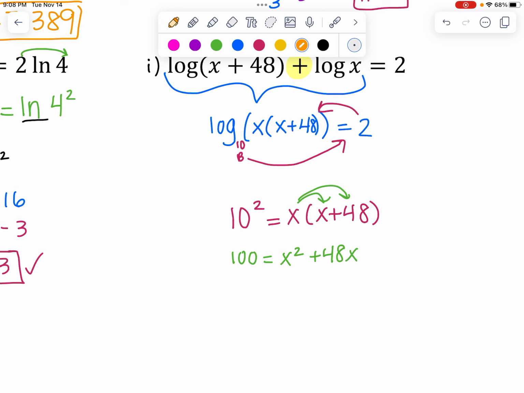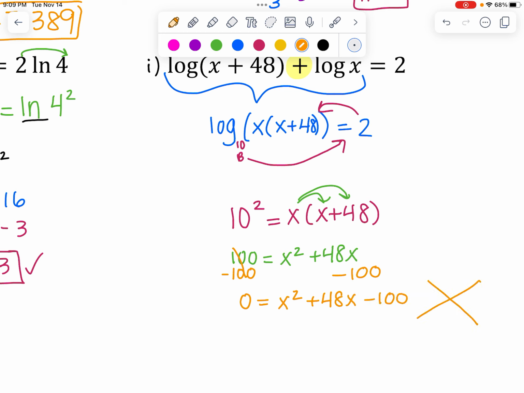All right, we've got another example here where we have an x squared. I'm going to start by trying to factor it. To factor, I need to get the equation equal to 0. So I'm going to subtract 100 here so that it equals 0. And I have to subtract it from both sides. So we get 0 equals x squared plus 48x minus 100.